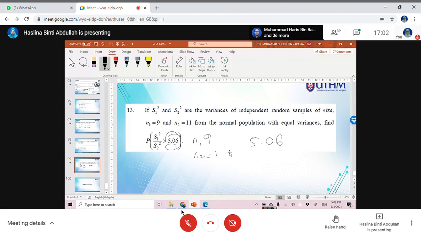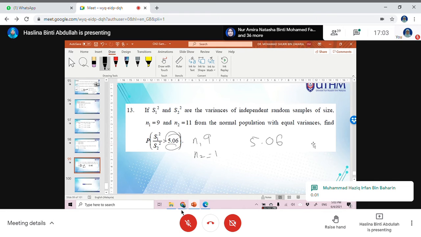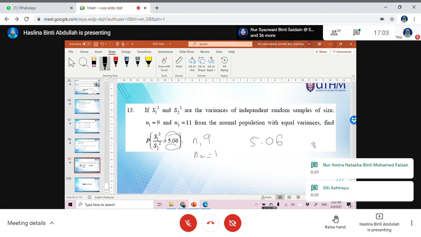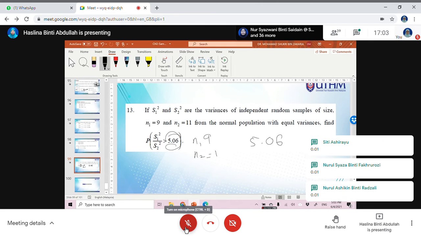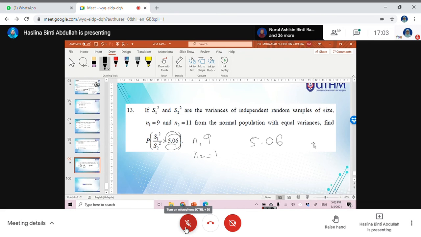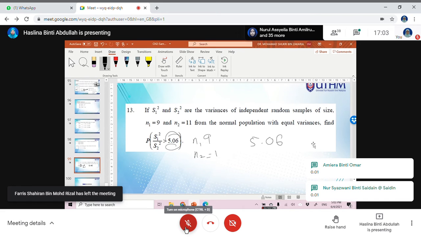Find the value of alpha for number of sample, sample 1 is 9, sample 2 is 11, and the proportion is 5.06. Wait, doktor. I tengok kat table. Yang lain? Muhammad Haziq je, 0.01, 0.01. Table 9 kan, doktor tadi? 9, sorry. 0.01.